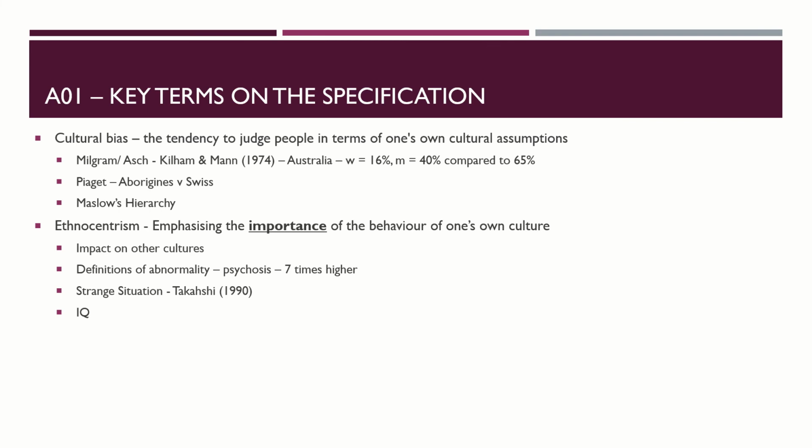So it's not acknowledging that cultures are different, but it's saying that one culture is right and one culture is wrong. An example of that is the definitions of abnormality. As you know, the way that we understand or classify behaviours as abnormal or not has a lot of cultural bias around it, and therefore that can lead to a lot of misdiagnosis.